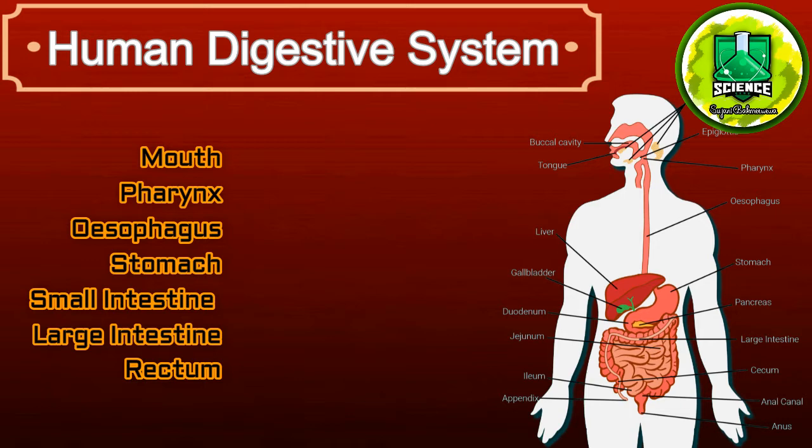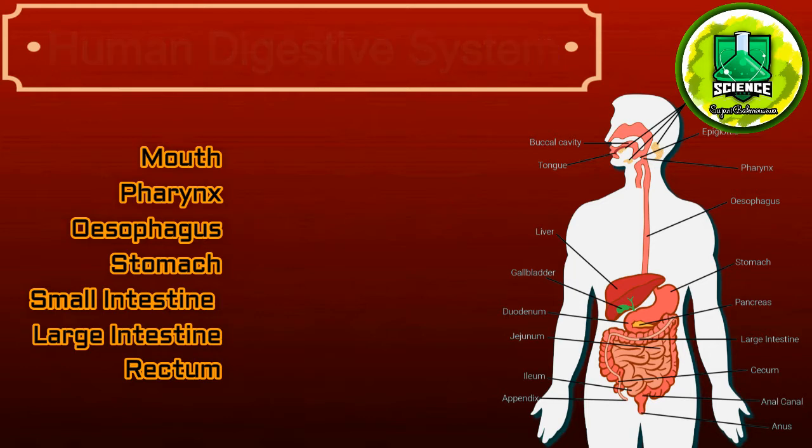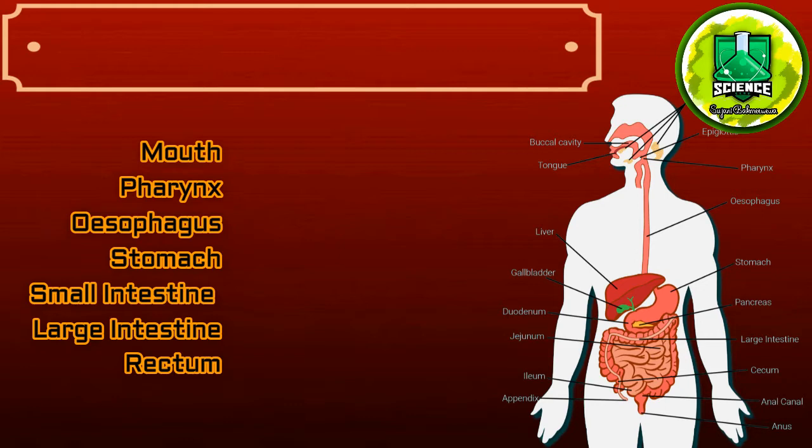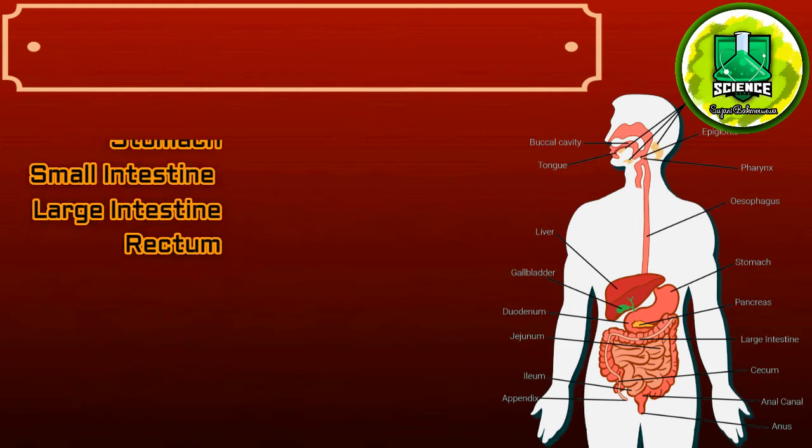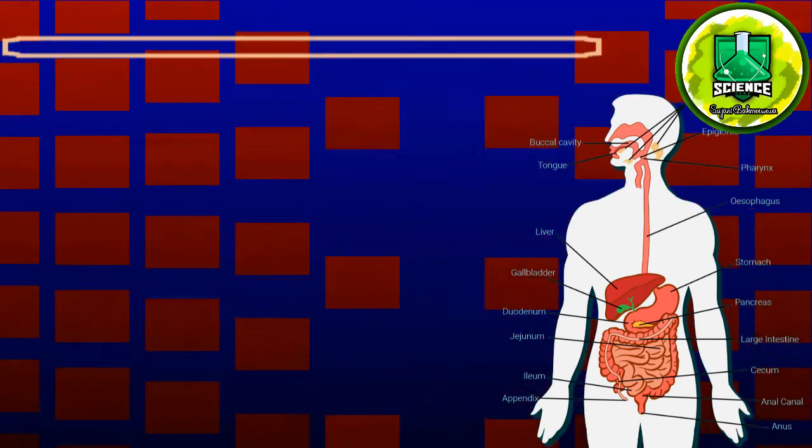These organic molecules break down into smaller, simple substances which we can absorb, and that is called digestion. This digestion is carried out by our digestive system.